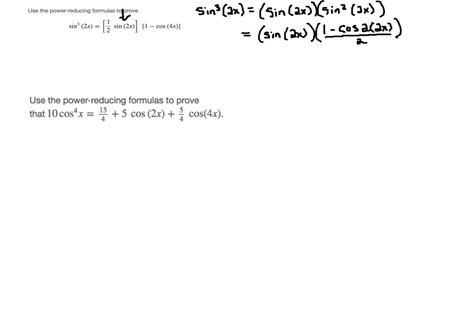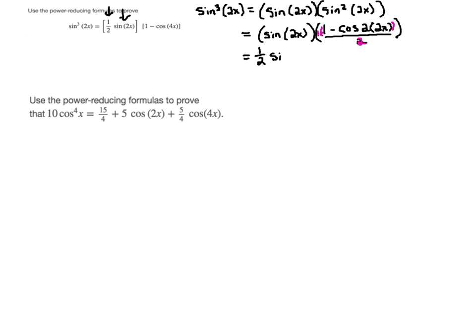So I have the fraction 1/2 that can come out front. Because remember, I'm trying to get that 1/2 out front there. So I'm going to factor that 1/2 out and put it up front. This is 1/2.